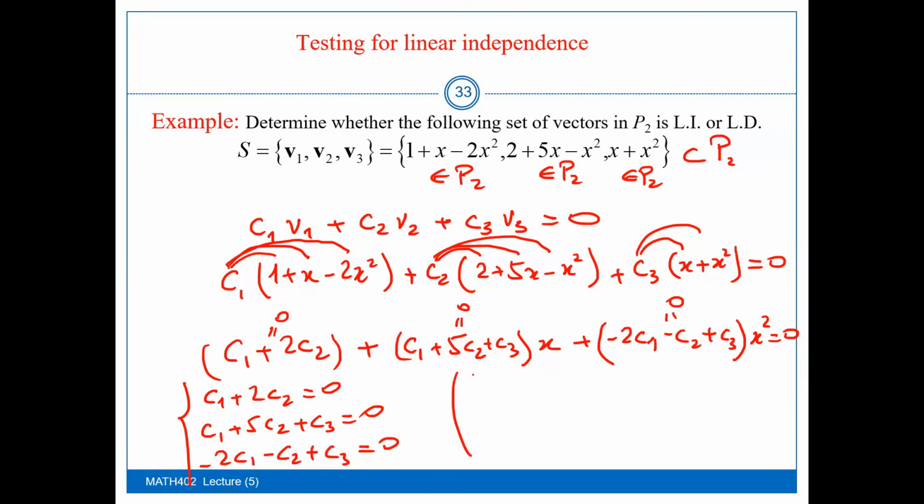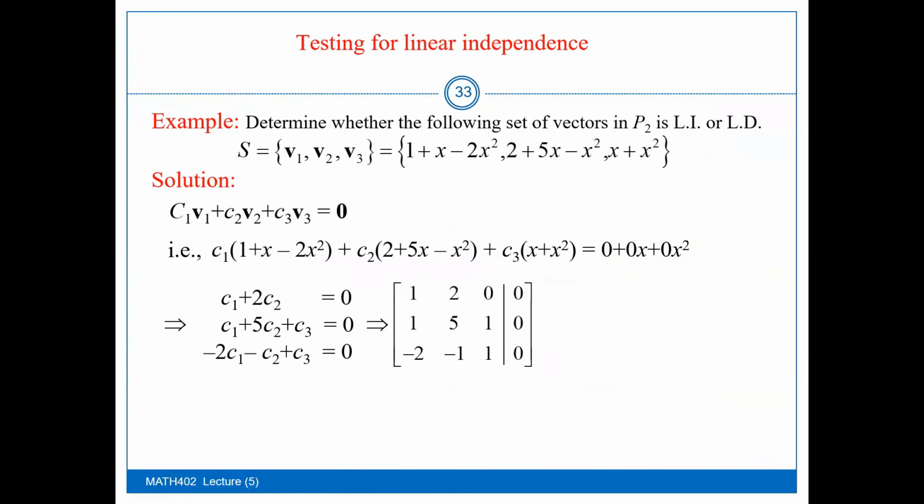And again, we build our augmented matrix for the homogeneous system, with 0, 0, 0, and we transform it into row echelon form. This is the system, this is the augmented matrix, this is the row echelon form. And here we see that we have infinitely many solutions.